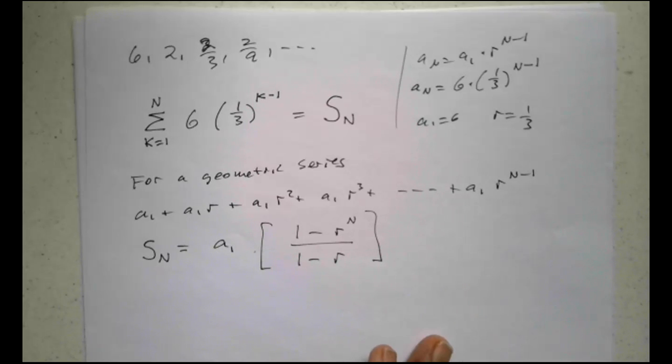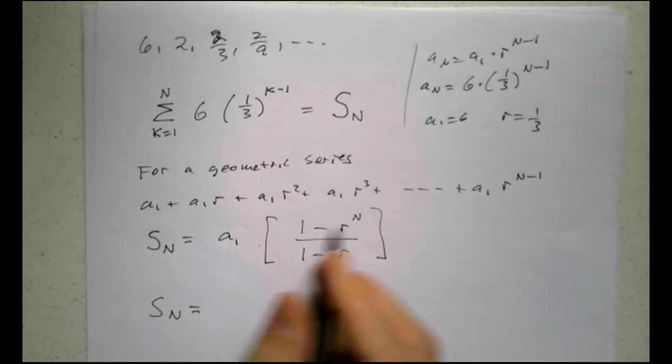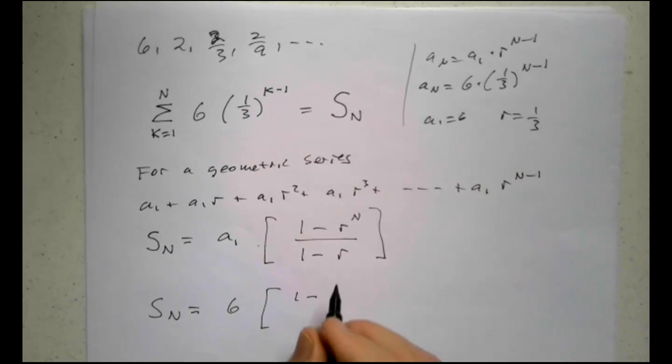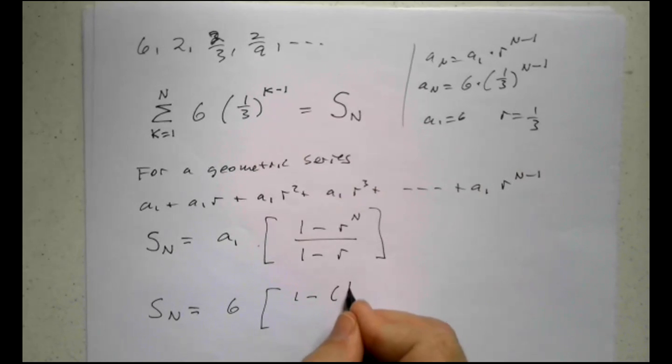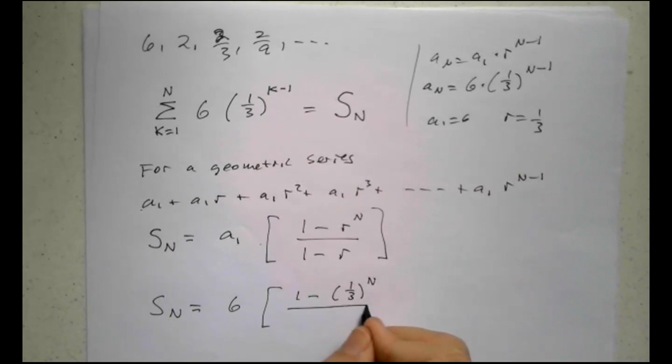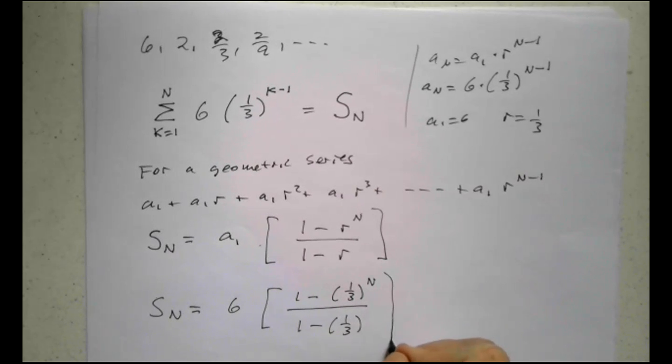So we can fill this in. We want a formula that defines the sum of our first n terms. So S sub n equals a sub 1, which is 6, times 1 minus 1/3 to the n, divided by 1 minus 1/3. That would be our formula for n terms.